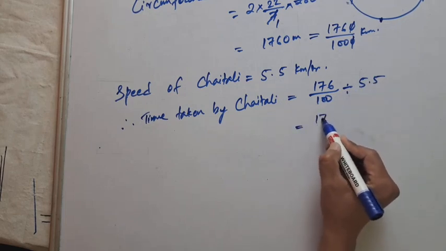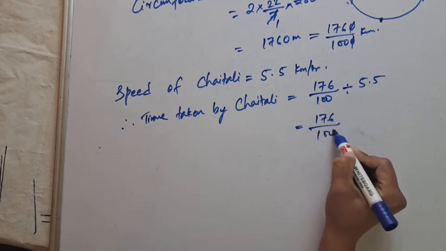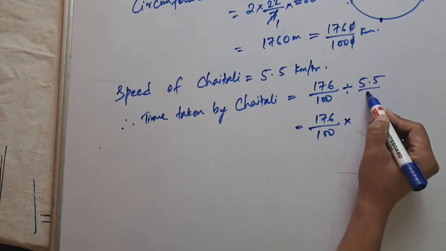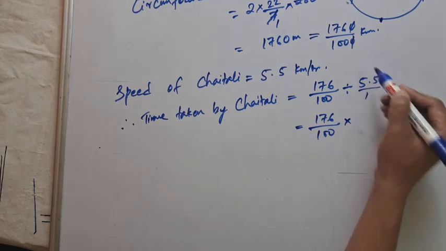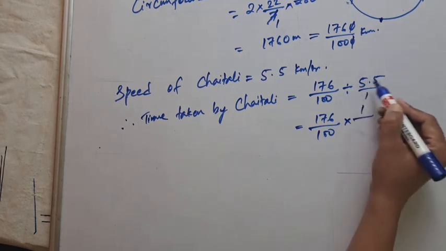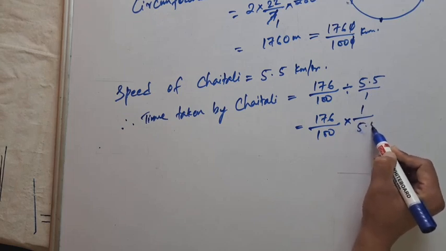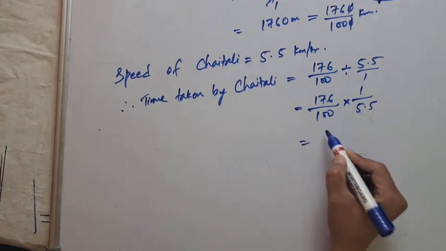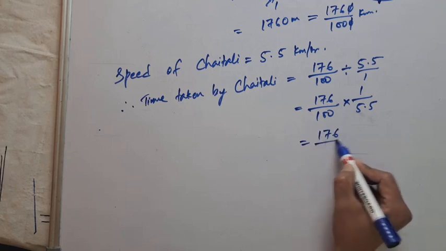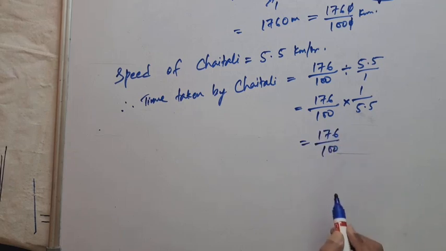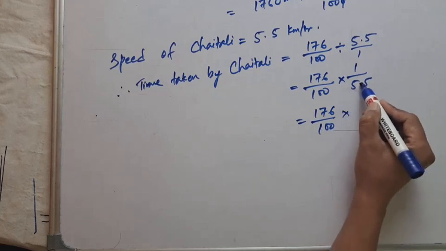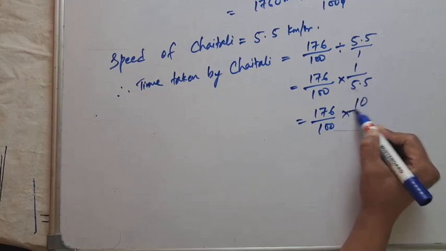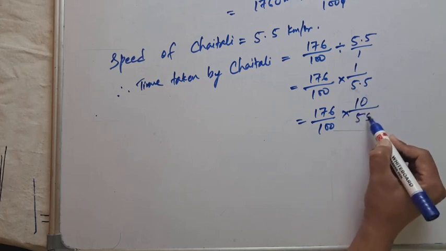So 176 upon 100 into, we have 1 here, isn't it? This 1 goes to the numerator, 5.5 will come down to the denominator. So this is 176 upon 100 into, we remove the decimal point from the denominator and we put 10 in the numerator, 55.